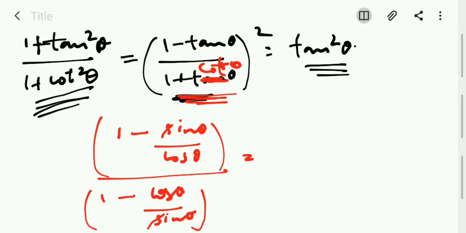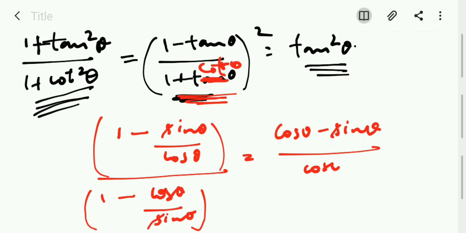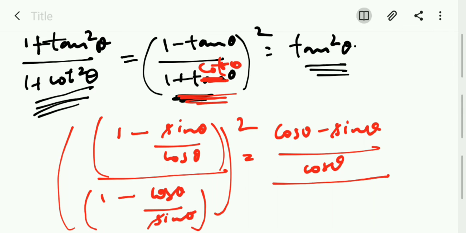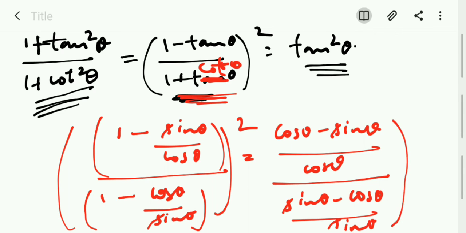Now taking out the LCM, cos theta minus sine theta by cos theta. Correct? And this is whole square, never forget this, this is a whole square, by sine theta minus cos theta by sine theta whole square.